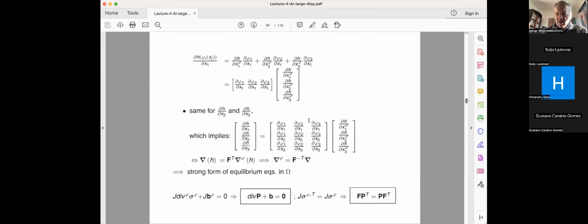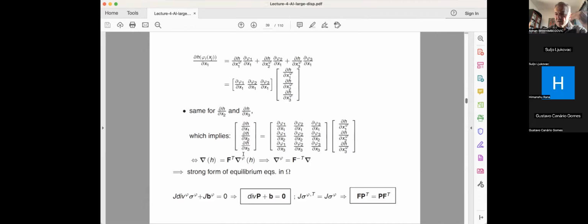So basically, when I check this, this looks like a deformation gradient. The only difference is it has been transposed. So if I take this coordinate and write it as a tensor, I can write that the vector nabla applied to any function h, which is a function of x1 to x3, can be written as F transpose times nabla phi applied to this function h.